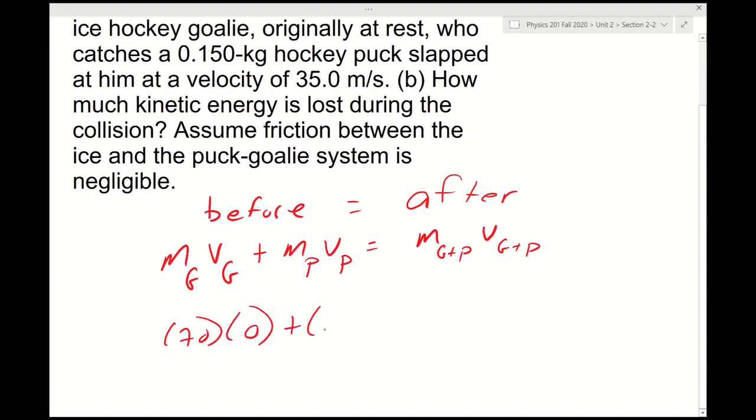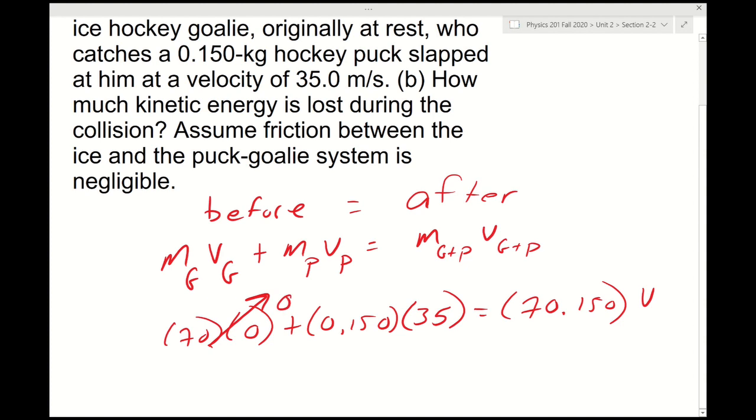The puck has a mass of 150 grams, moving at 35 meters per second. The combined mass is 70.150 kilograms, and we're looking for the combined velocity. Well, we know that this term goes to zero.